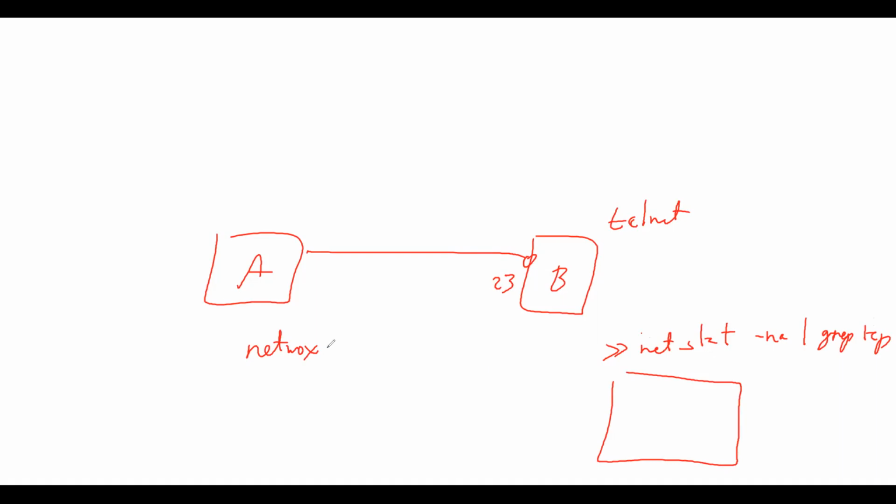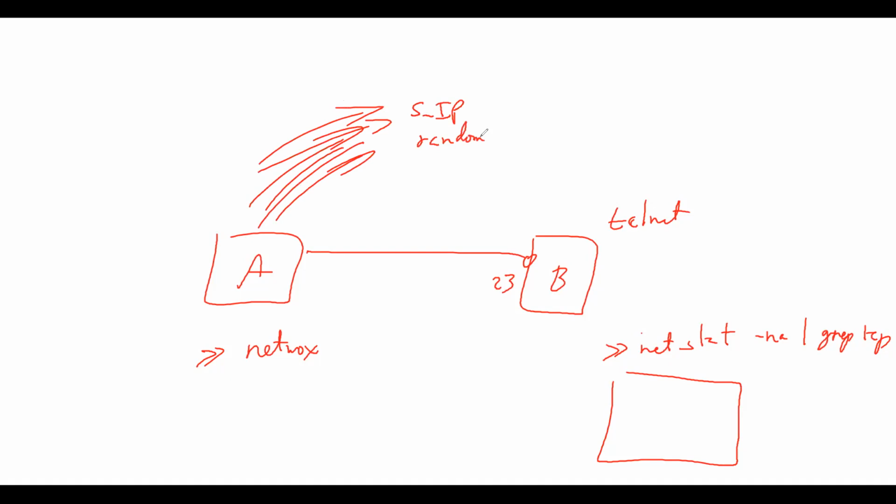But because you are running this attack, it's going to send, I don't know exactly how many, but I would say thousands of spoofed packets. The spoofed packets will have a random source IP. That's the whole point, right? Otherwise, if it's not random, what would happen?